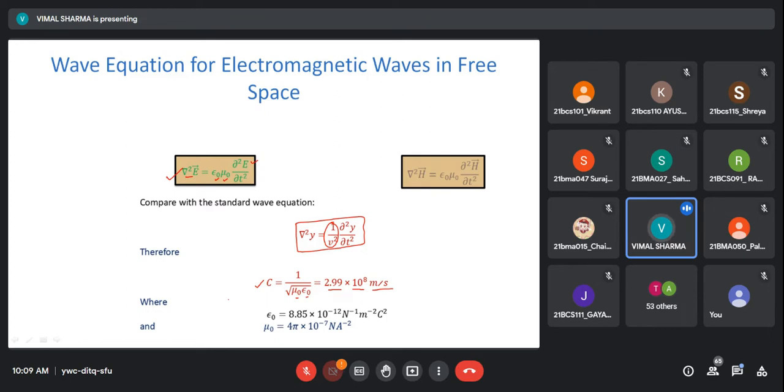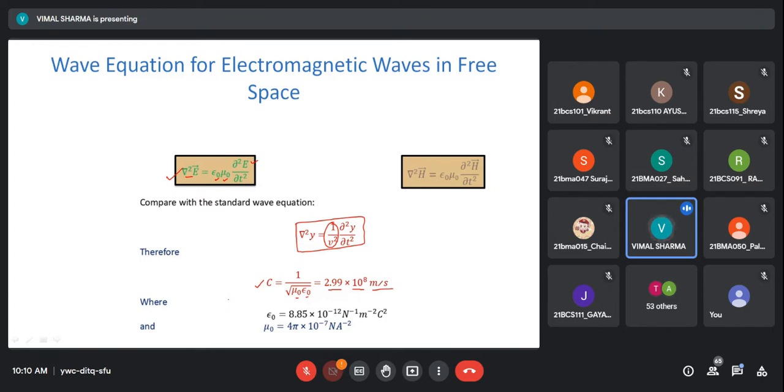Some properties of that medium will be known to us, and depending on that, we'll see how the electromagnetic wave travels through that medium. So this new form of the wave equations is helping us in understanding how an electromagnetic wave behaves with different material media.